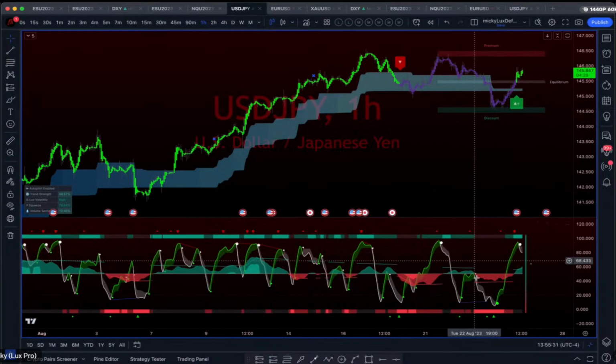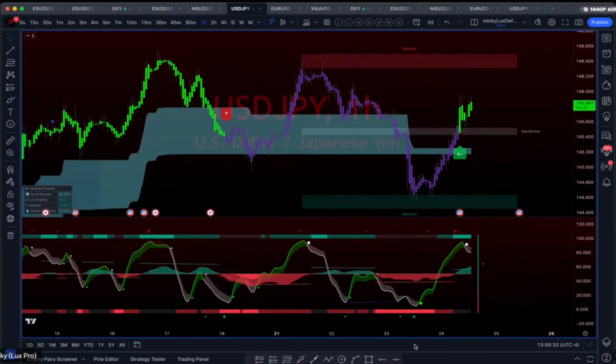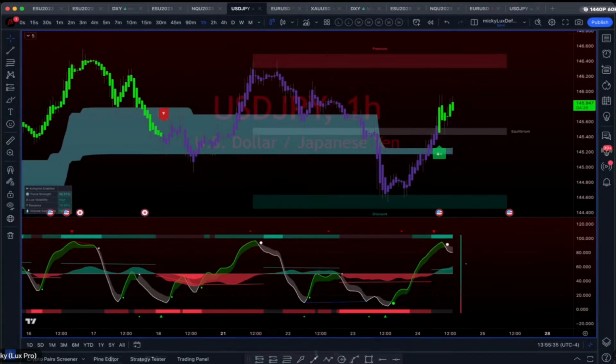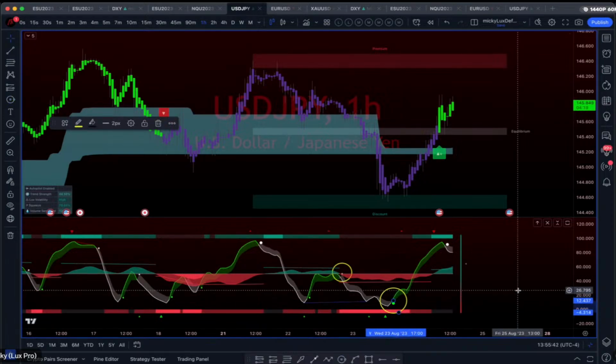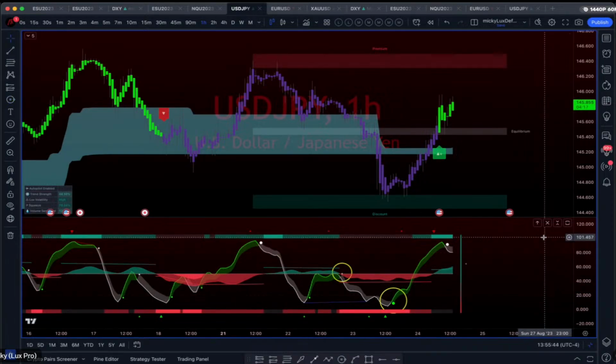All right. But if you drill it down, notice the turning points here. If you drill it down, you may find a few scalps, right?